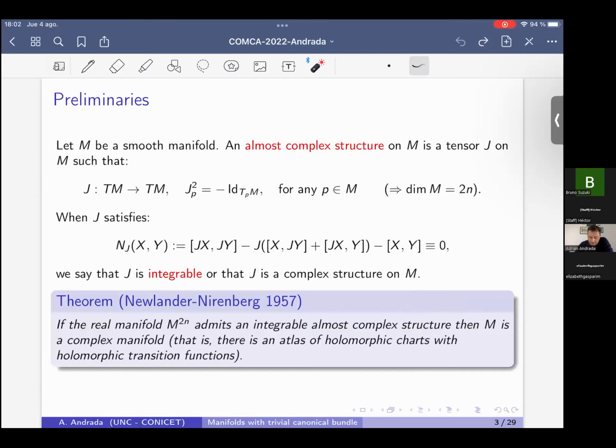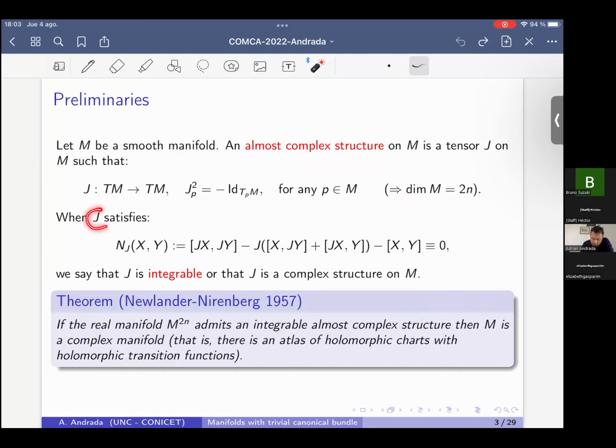In any smooth manifold, if we have M a smooth manifold, an almost complex structure on M is a tensor, an endomorphism of the tangent bundle whose square is the minus identity endomorphism at any point of the manifold. This implies that the dimension of the manifold has to be even, and there are special almost complex structures which we will talk about now.